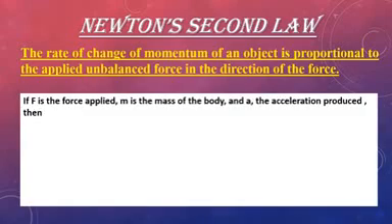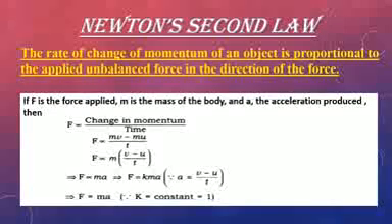If F is the force applied, m is the mass of the body and a is the acceleration produced, then we can write F proportional to change in momentum divided by time, which is F proportional to (mv minus mu) by t, where v is the final velocity and u is the initial velocity.